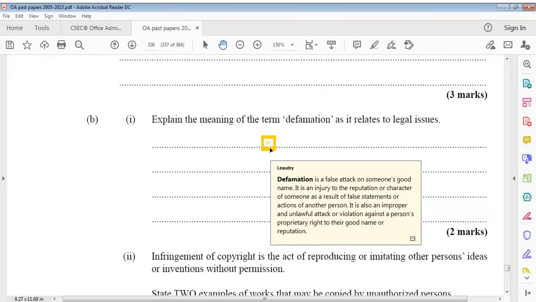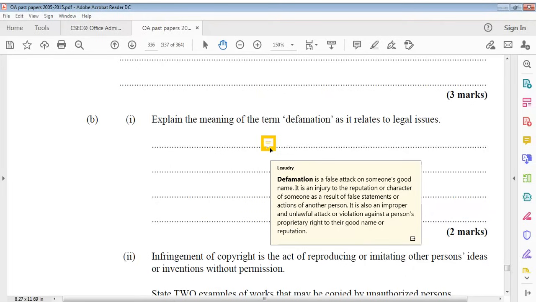It is also an improper and unlawful attack or violation against a person's proprietary right to their good name or reputation. So there we have it, what defamation is, and you will get 2 marks for that.